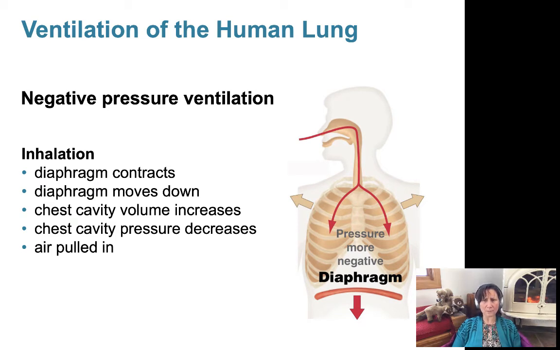And then when the diaphragm relaxes, it doesn't push up, but it goes back to its original position, which allows air to exit the lungs. So this is called negative pressure ventilation. You're drawing air in, then the muscles relax, and air is forced back out of the lungs.